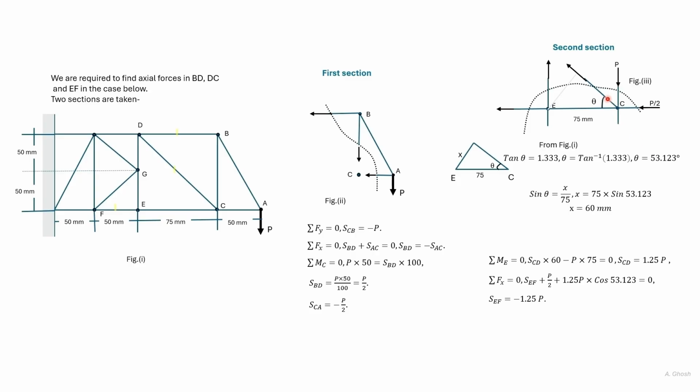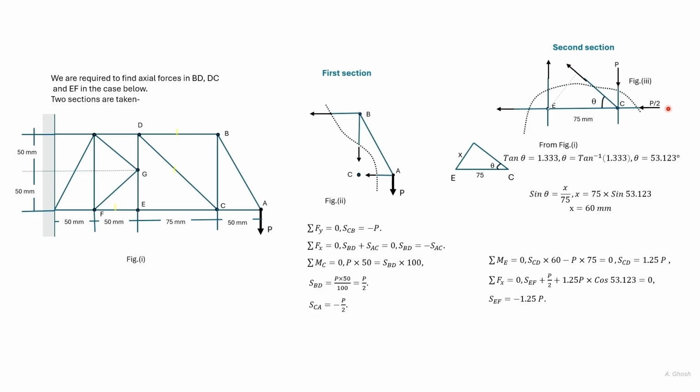Once we have found theta, we'll find the perpendicular distance from E to the bar CD. We can use this triangle. So we know theta, and we'll find x. So sine theta is x by 75, from which we find x, or this distance, as 60 millimeter.